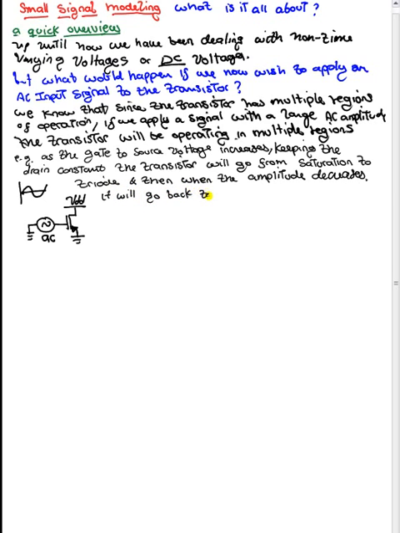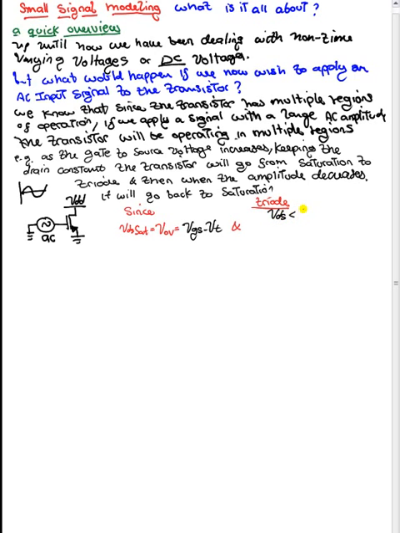Why? Well, remember that VDS sat, or V overdrive, is equal to VGS minus VT, right? And we are changing VGS constantly because we are putting a sinusoid into the gate of this device. So conditions for triode, as we remember, were that VDS is smaller than VOV, right?